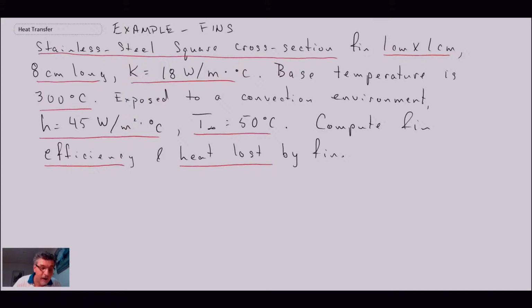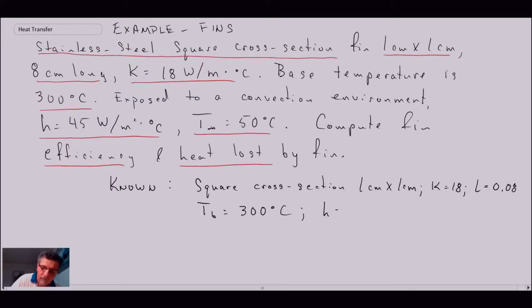So let's begin by writing out what we know and what we're looking for. Okay, so we're after the fin efficiency as well as the heat being removed by the fin. So for the analysis, we're going to use our case 3 insulated tip solution, but we're going to correct the length.